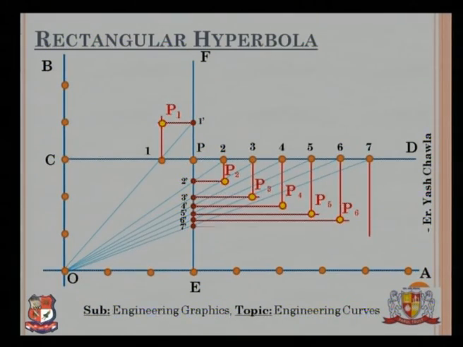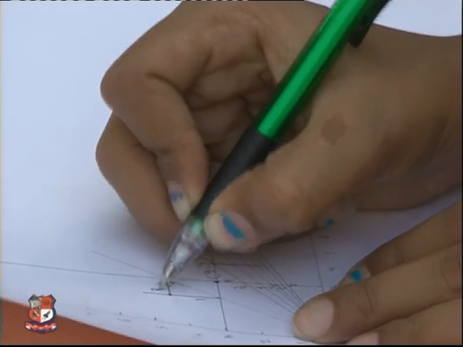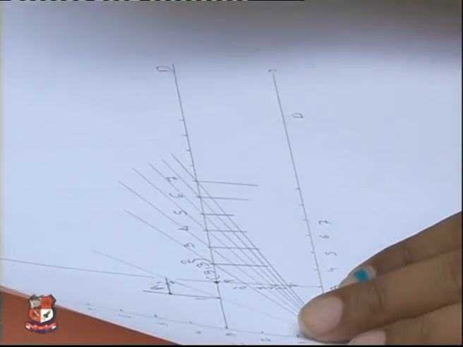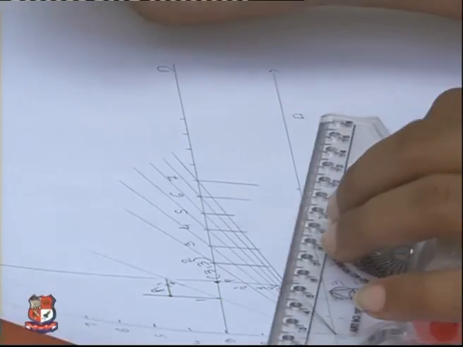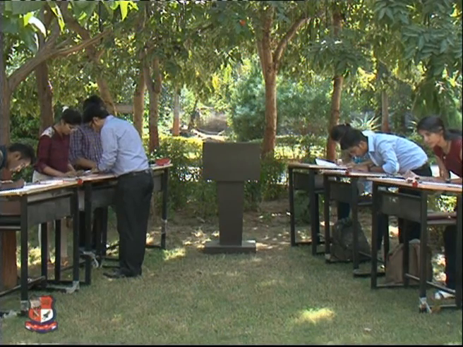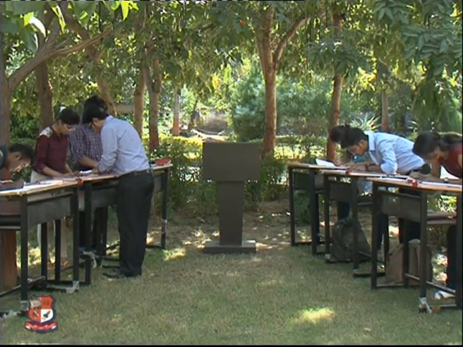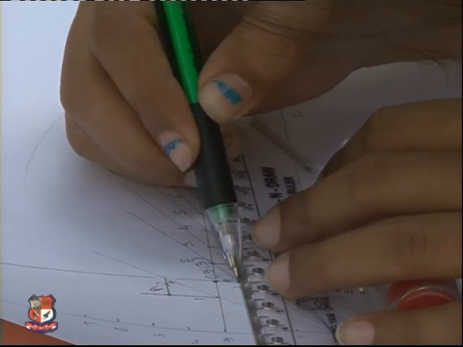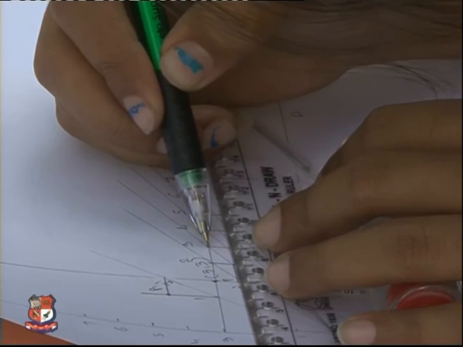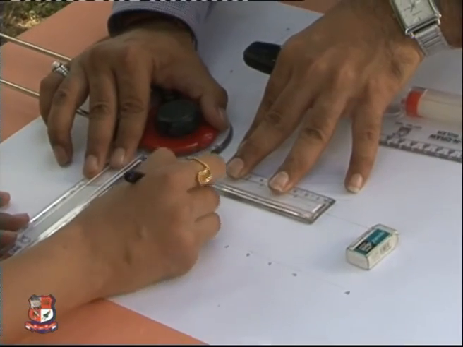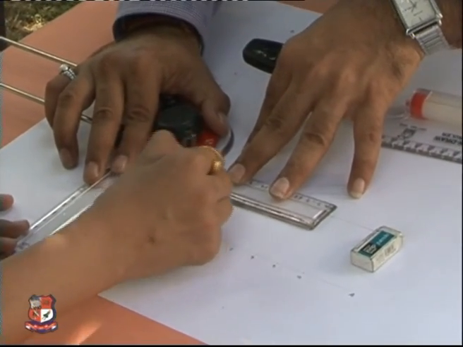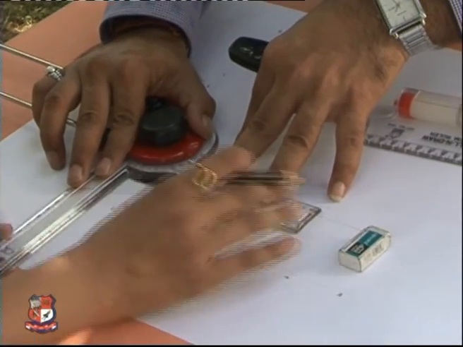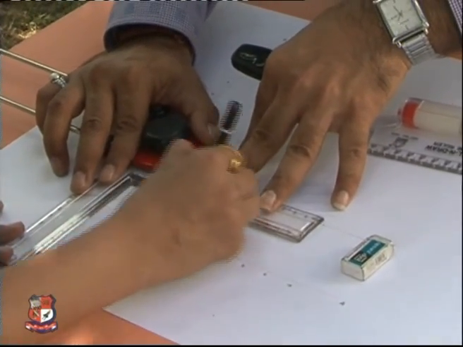Now horizontal lines from here. Wait. See, this will help you draw horizontal lines directly. Now don't move this. Just go here. This is already horizontal. From here, cross it. Let it be. Go on. Good. That's the point.